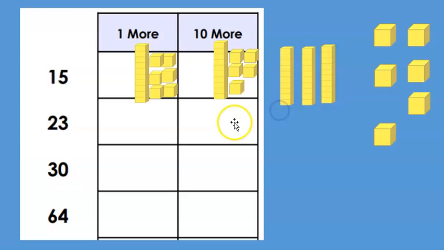Now look right there, first graders. We have 15 now right here that represents this. Let's count. 10, 11, 12, 13, 14, 15. Let's count again. 10, 11, 12, 13, 14, 15.